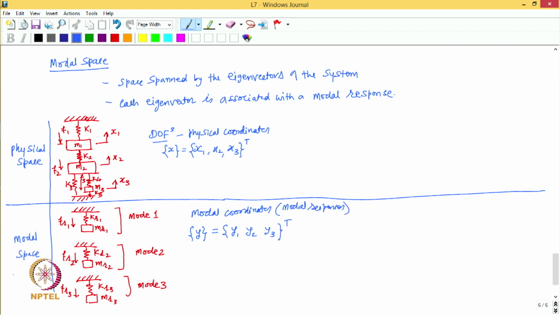And therefore, modal space is also referred to as modal domain. So, that is one difference. Then the other thing is that the differential equations in the physical space are coupled, while the differential equations in modal space are uncoupled.